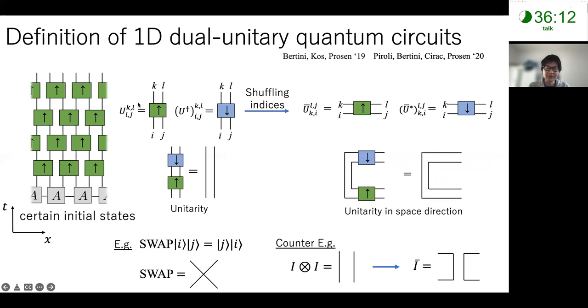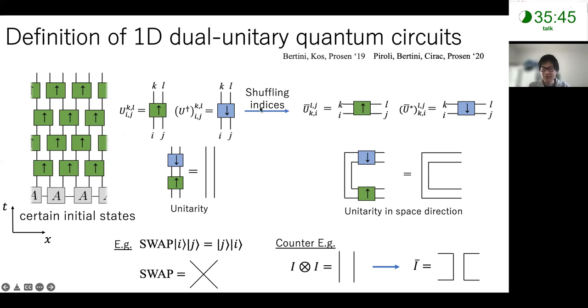And each gate is a dual-unitary gate, which is defined as follows. We write the unitary in tensor network language. In the original unitary, we take i and j as input and k and l as output.